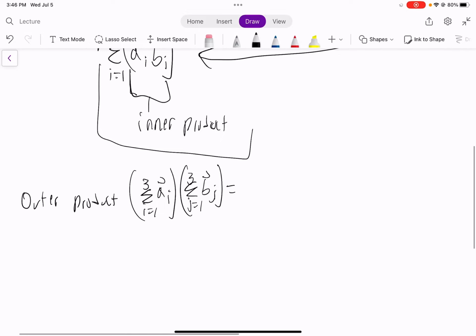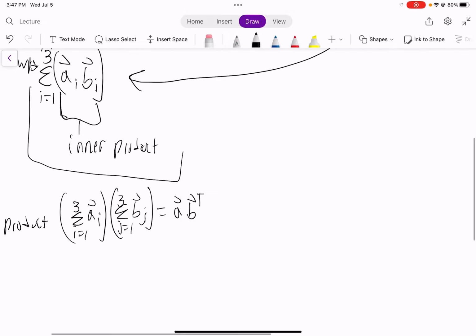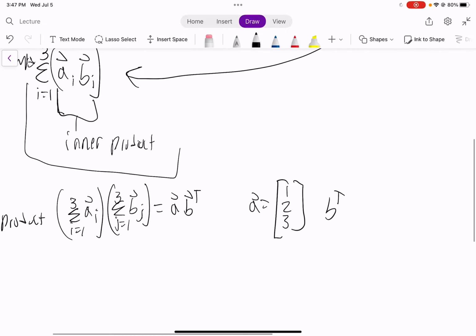Okay? Now, we all know that this can also be written as A, B transpose. Right? So we have an A vector, a column vector. Let's say it's 1, 2, 3 again. But this time we have a B transpose. So this is a row vector. 1, 2, okay. 4, 5, 6, right?